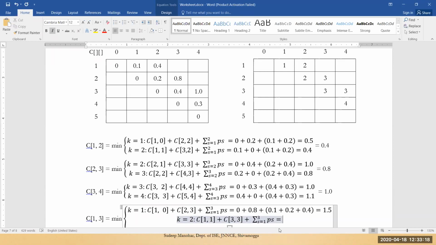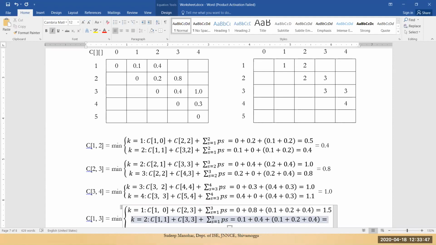That is equal to, what is C of 1 comma 1? 1 comma 1 is 0.1, plus C of 3 comma 3. C of 3 comma 3 is 0.4, plus the same values from the above step, 0.1 plus 0.2 plus 0.4.